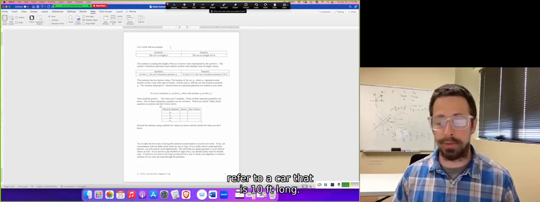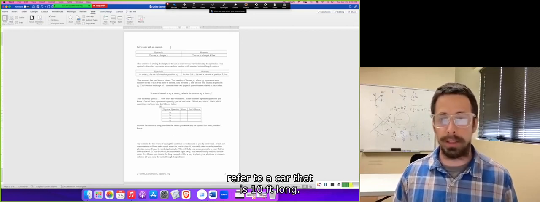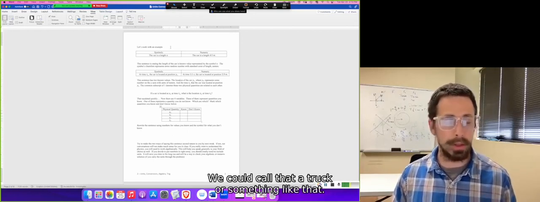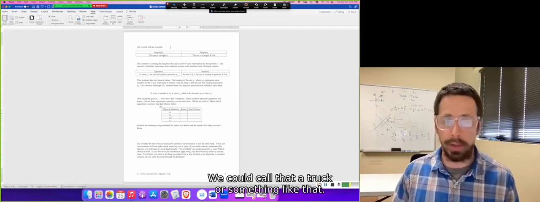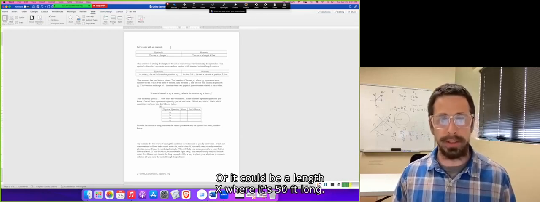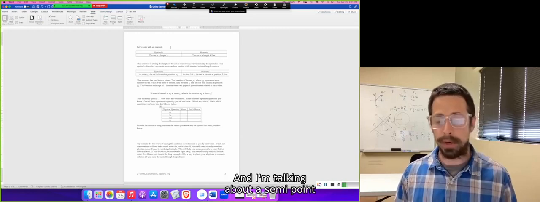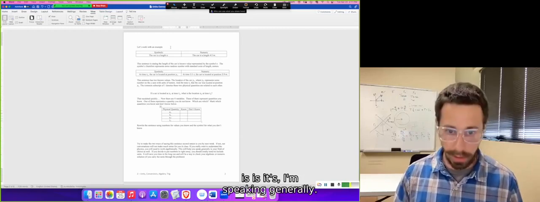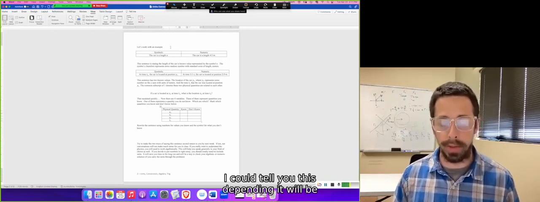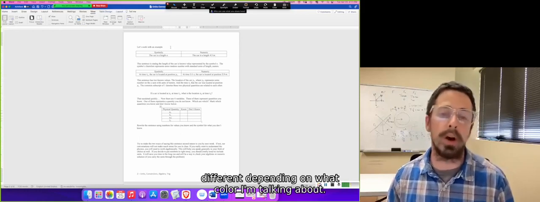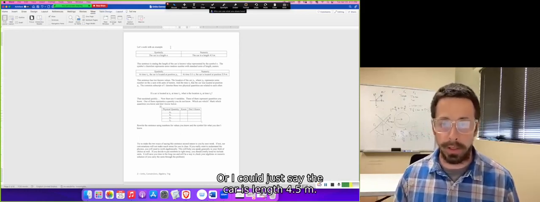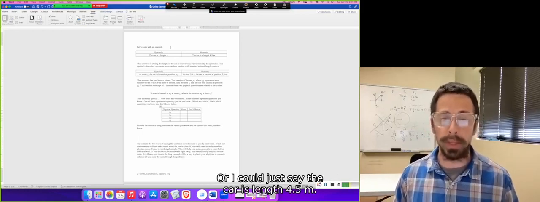That x could refer to a car that is 10 feet long. I don't know, we could call that a truck or something like that. Or it could be a length x where it's 50 feet long, and I'm talking about a semi. Point is I'm speaking generally, right? I could tell you this depending, and it will be different depending on what car I'm talking about. Or I could just say the car is a length 4.5 meters.